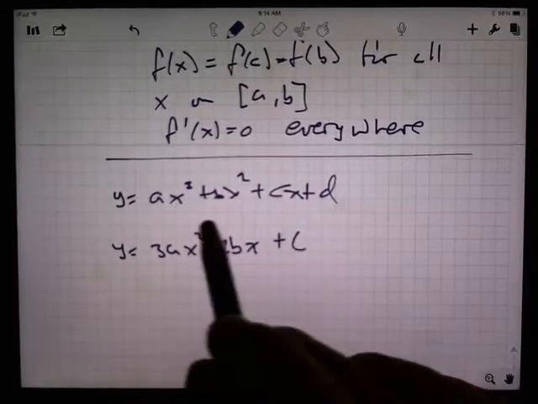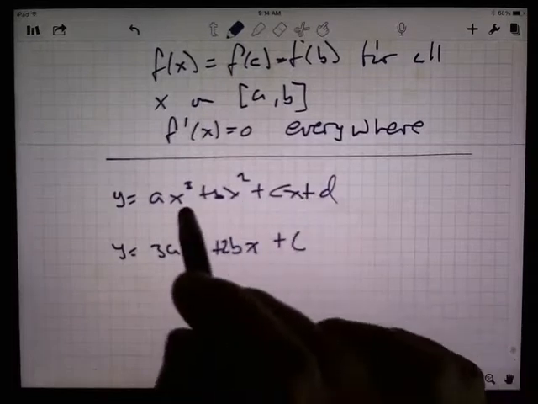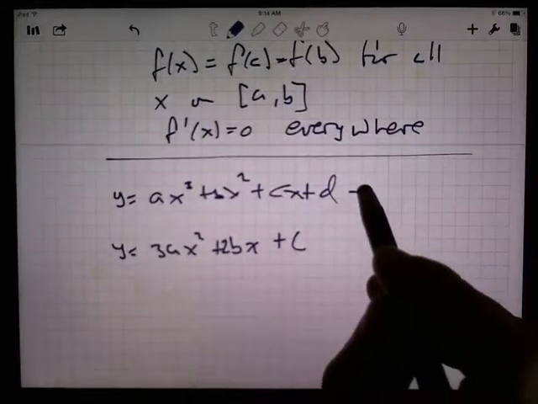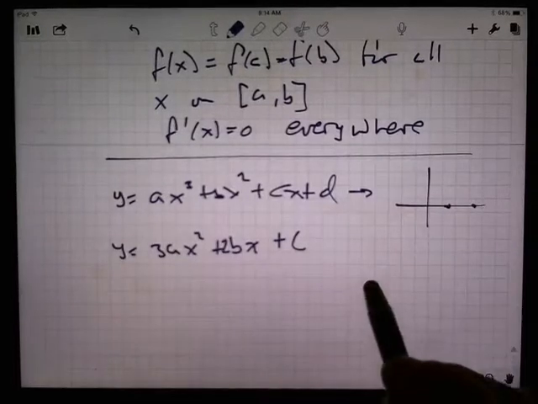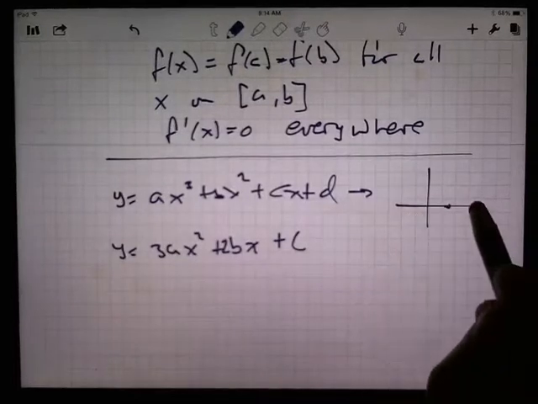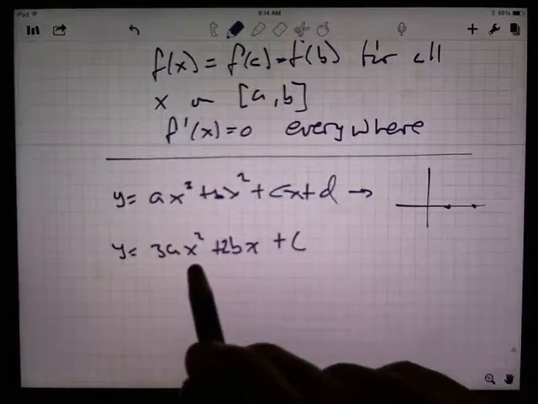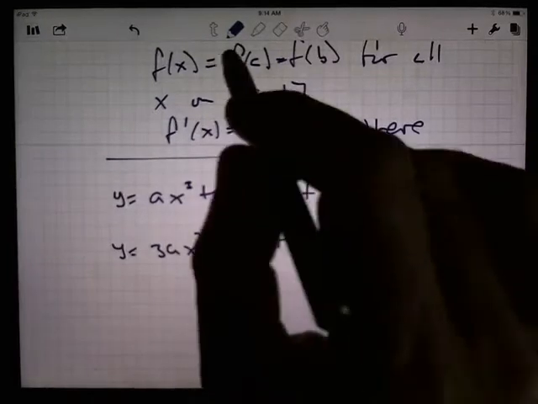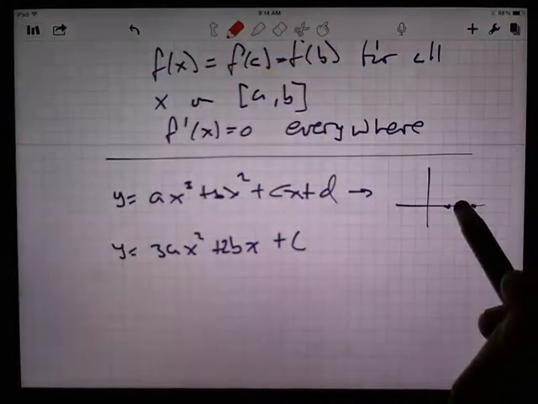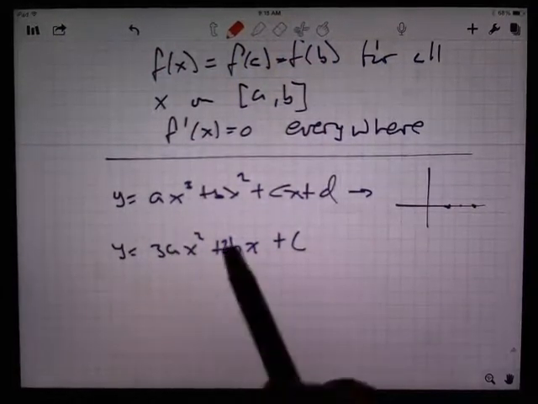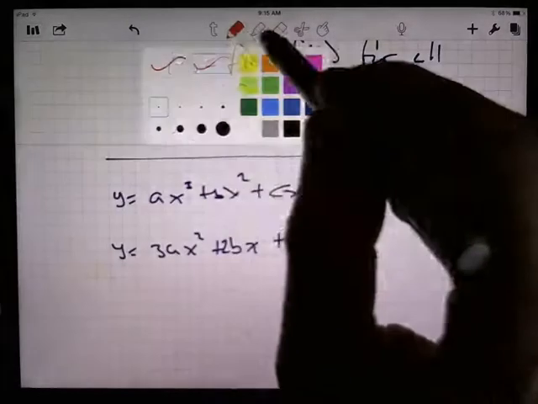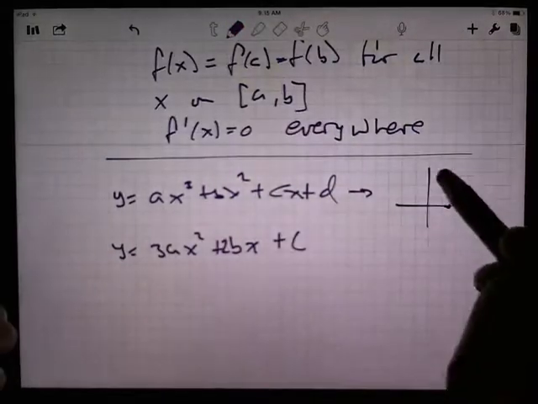And what he proved was that if you had two places where this polynomial passed through the x-axis, then somewhere in between, the other polynomial passed through the x-axis. Well, you and I know that the graph of this polynomial is a cubic of some kind.